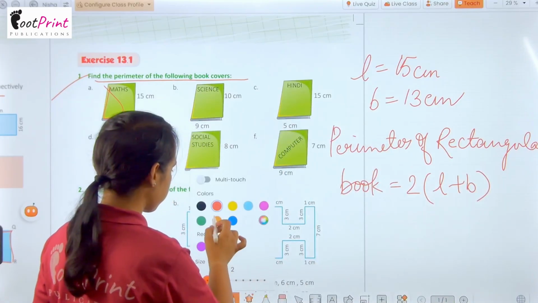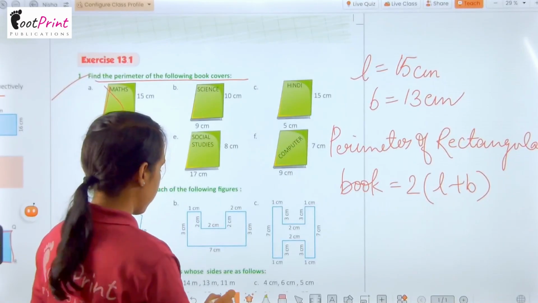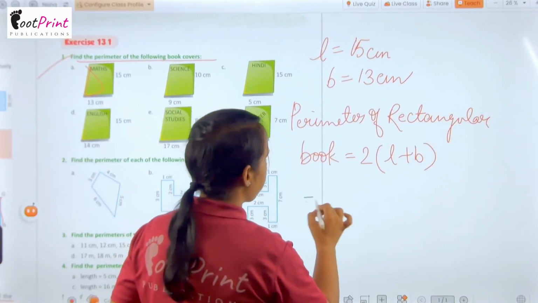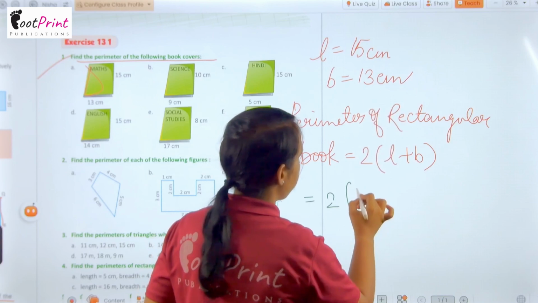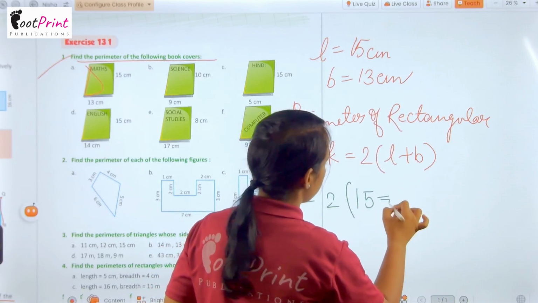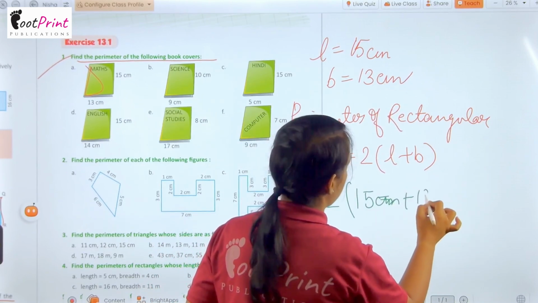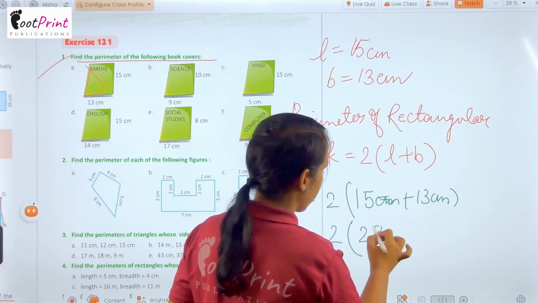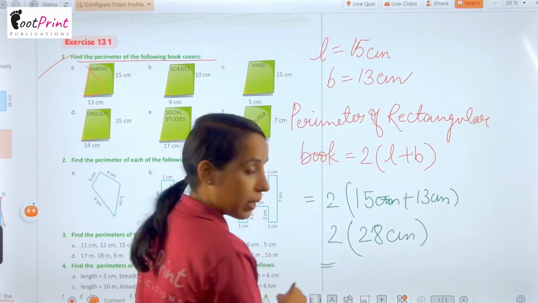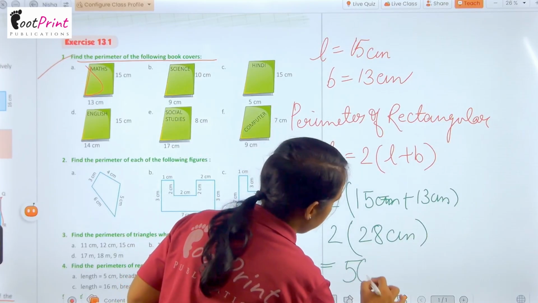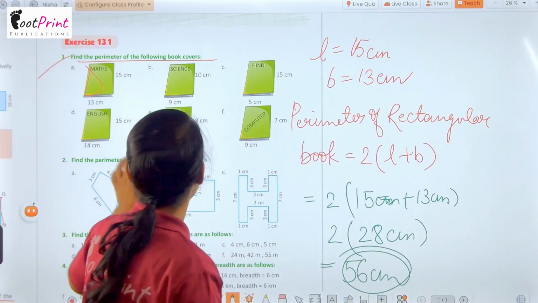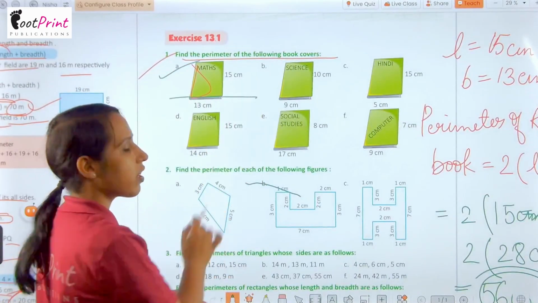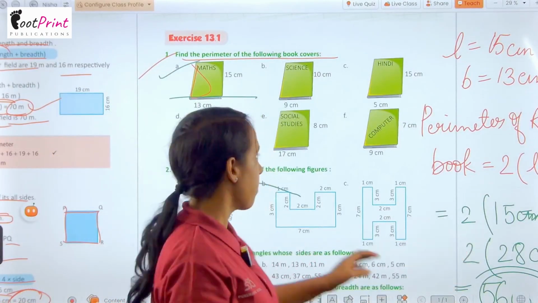Okay. Now here we have 2. Length is 15 centimeter plus 13 centimeter. And after adding that, we get here 15 and 13, 28 centimeter. And after multiplying it, we get 56 centimeter. This is the perimeter of this book. So we can write here the perimeter of this book is 56 centimeter. Okay.